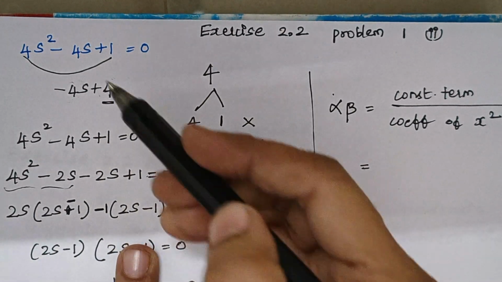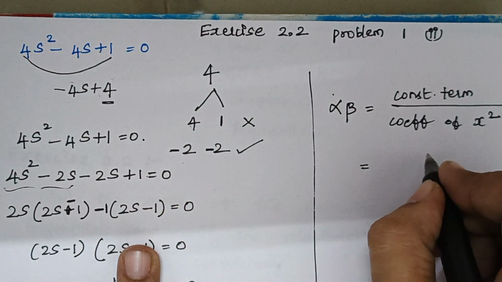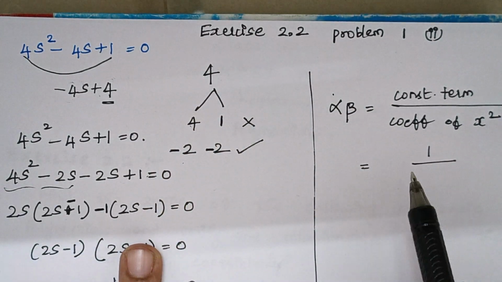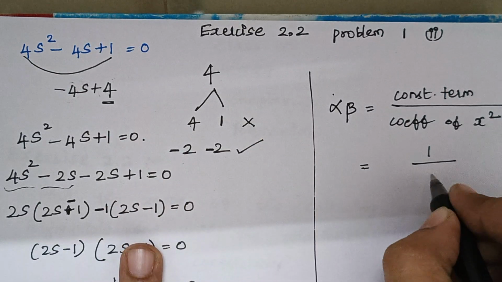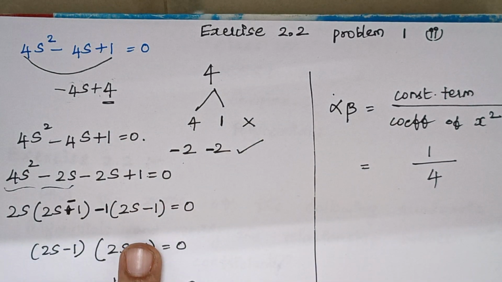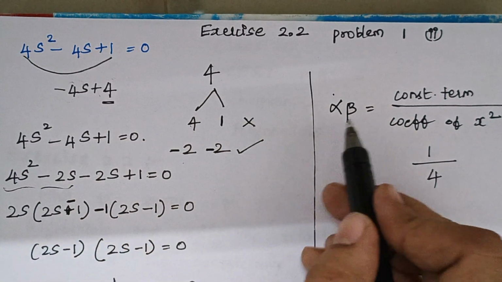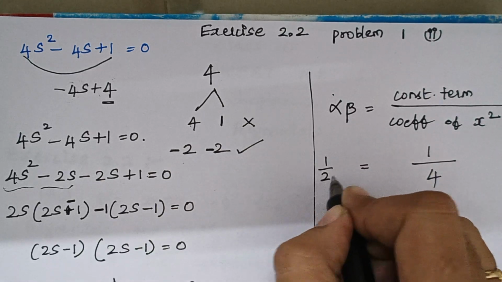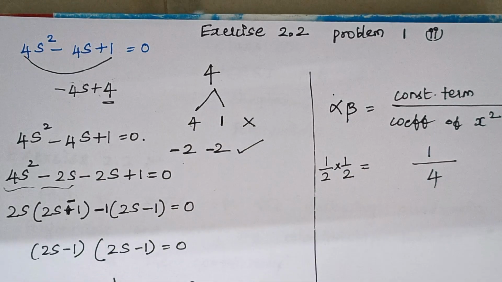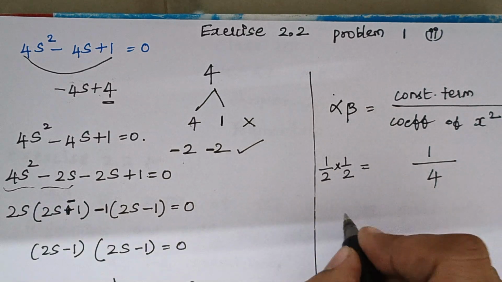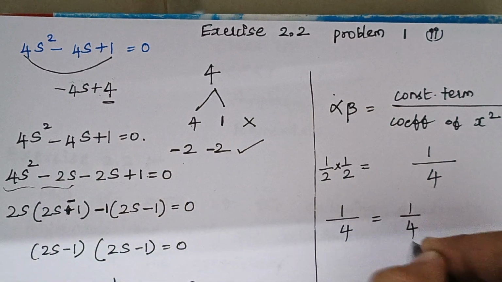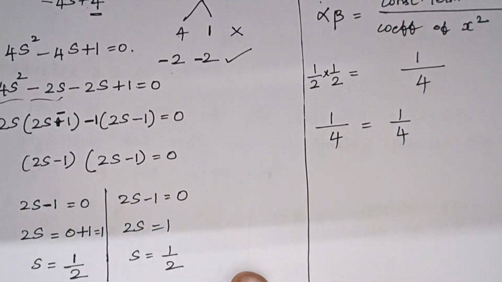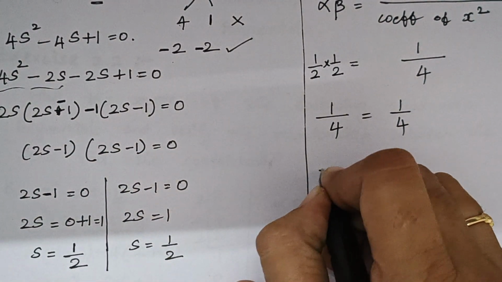It is 1, right? So 1 divided by the coefficient of x square, which is 4. So this is equal to 1 by 4. Again substitute the values of alpha and beta: alpha is 1 by 2 and beta is 1 by 2. So 1 into 1 is 1, and 2 into 2 becomes 4. So 1 by 4 equals 1 by 4, and finally this is also equal.